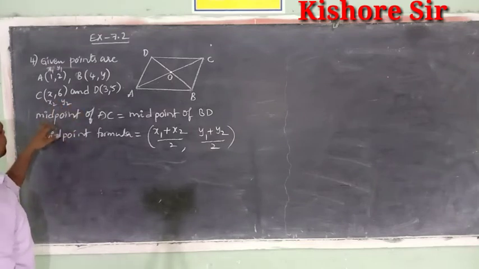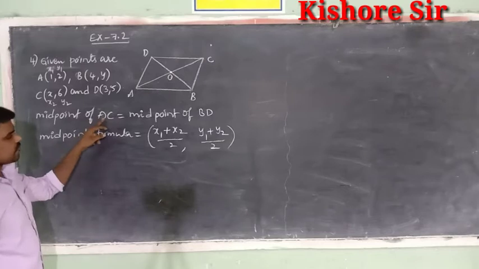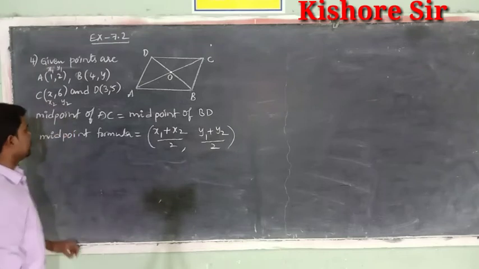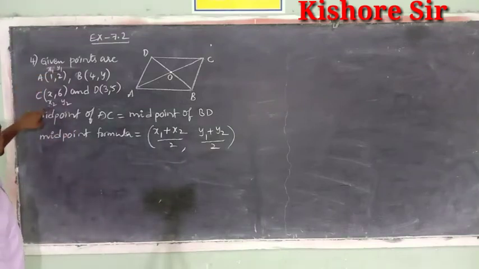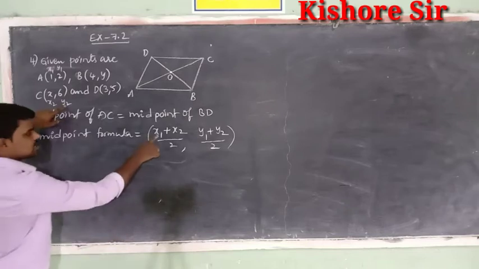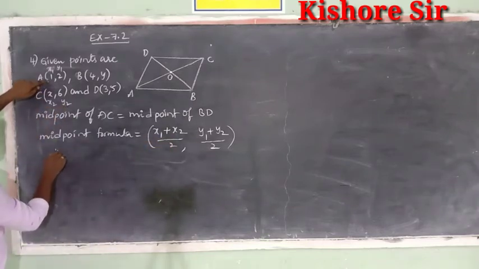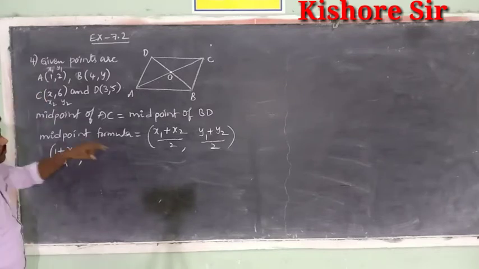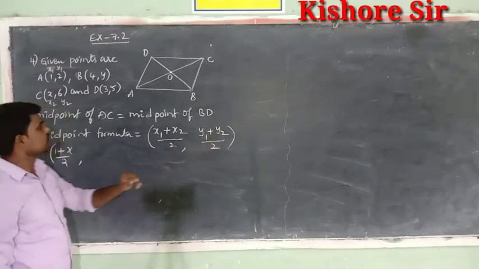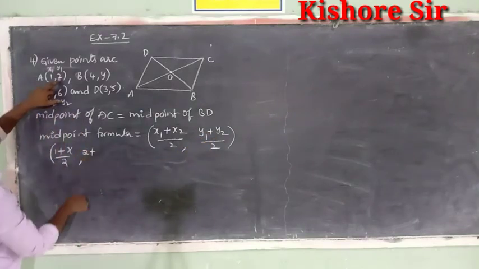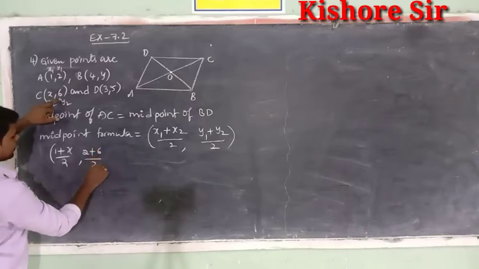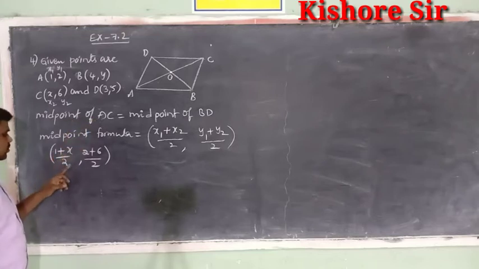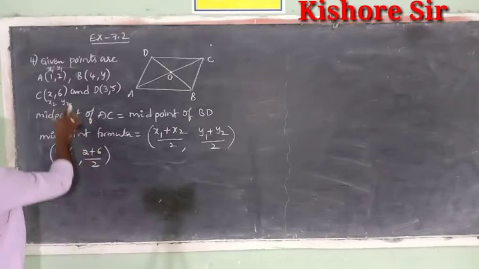So x1 is 1 plus x2 is x, by 2, comma y1 is 2 plus y2 is 6, by 2. So the midpoint of AC is ((1 plus x) by 2, (2 plus 6) by 2).